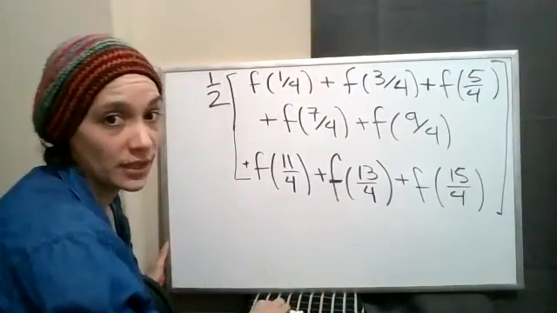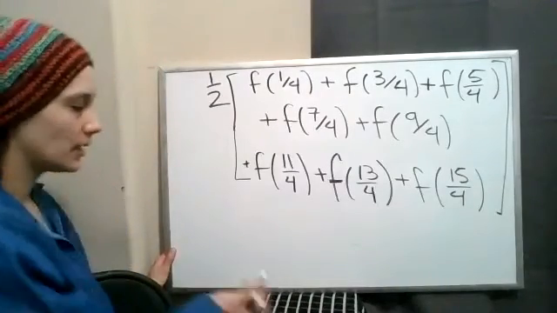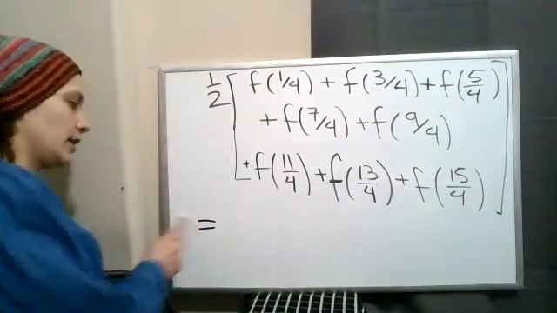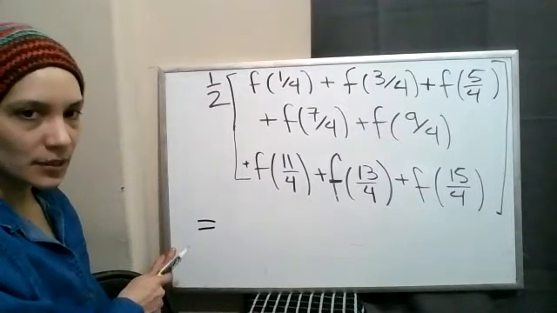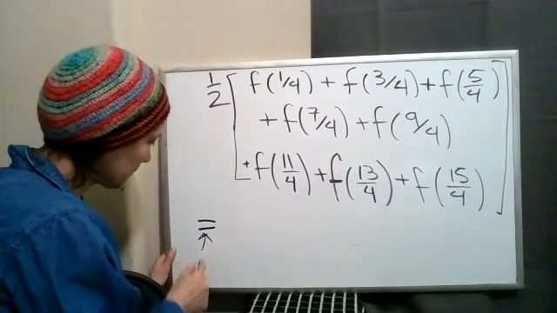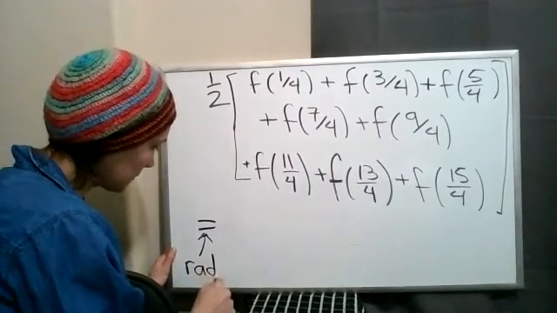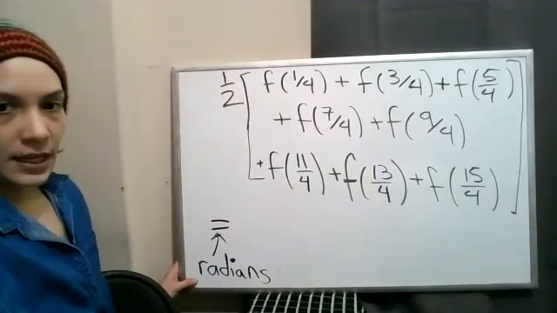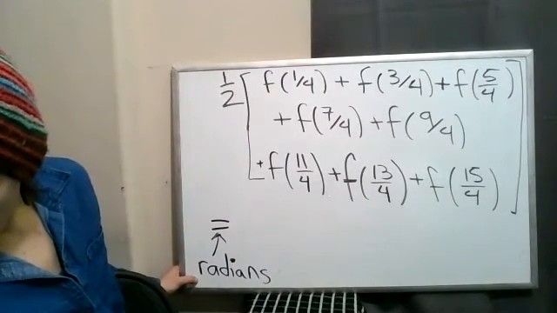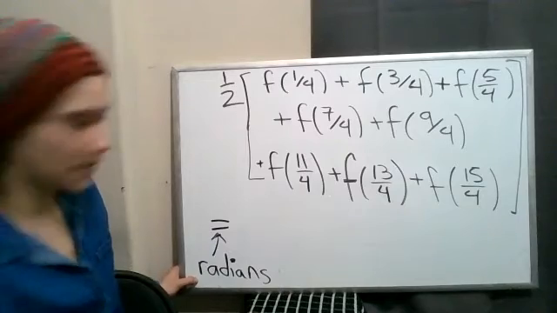And I put all of this into the Desmos scientific calculator, remembering that I needed everything in radians since we're using trig. And I've got 4.748.